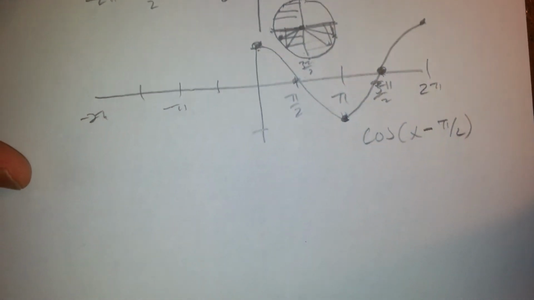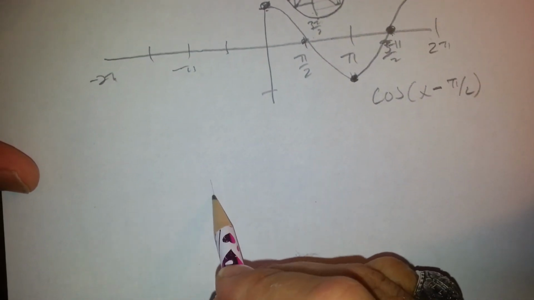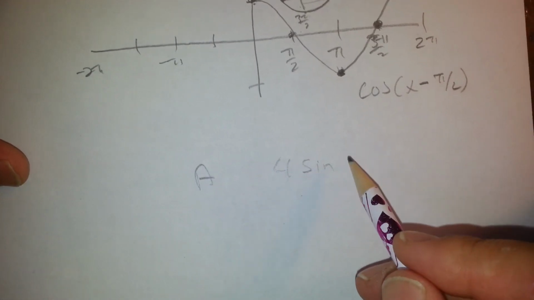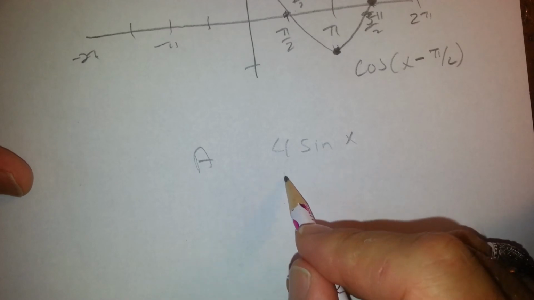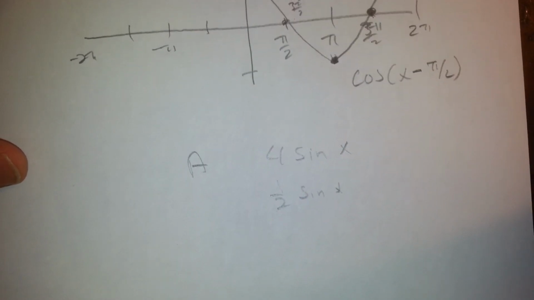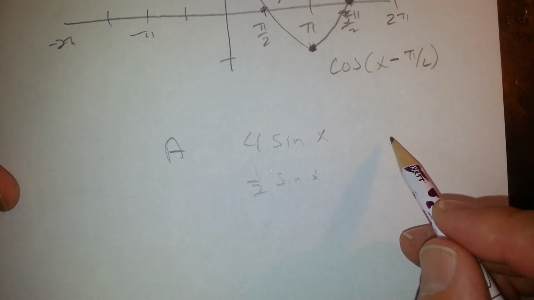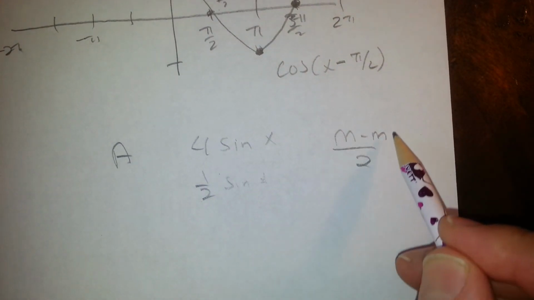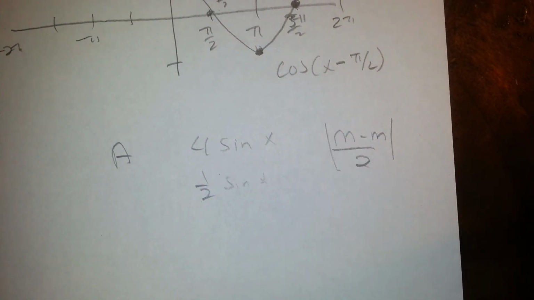Alright. Let's talk about amplitude, like 4 sine of x, or 1/2 sine of x. This affects the amplitude of the graph, okay? Remember, max minus the min divided by 2, and it's an absolute value.